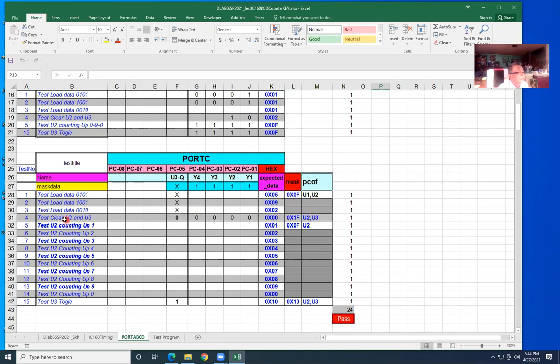Now, you test the clear of U2 and U3. So that means output U3 must be 0 and the read here 0. So the output you're reading 0, however, the math is different. The math now you have to change for this guy. So that's why 1F. And anything wrong will happen to U2 and U3.